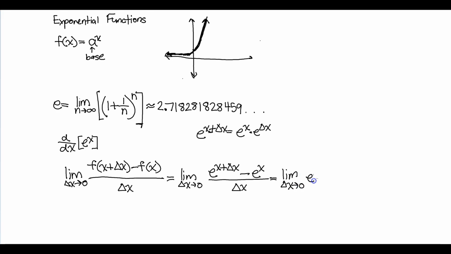So we have e to the x times e to the delta x minus 1 over delta x. And since e to the x is a constant term, we can pull it out and focus on this inner limit.